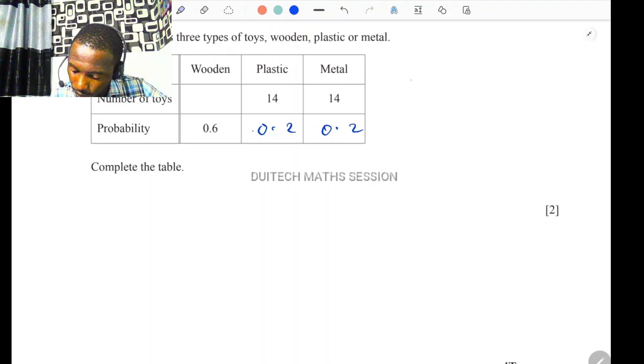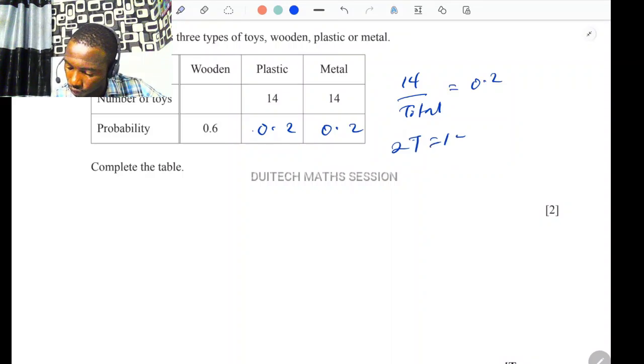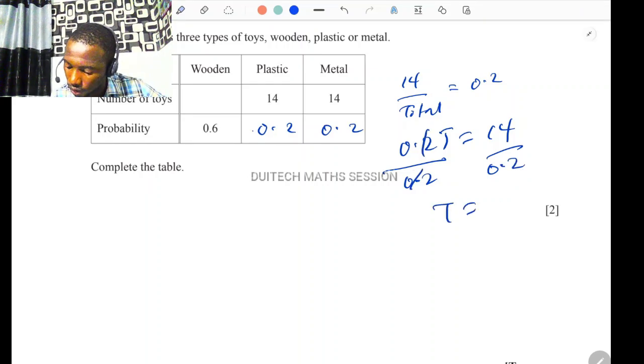So we have 14 over the total sample space, t, is equal to 0.2. So 0.2t is equal to 14. We divide both sides by 0.2, 0.2 cancels, then t is equal to 70. So we have gotten t to be 70.